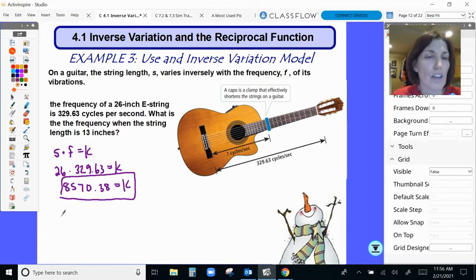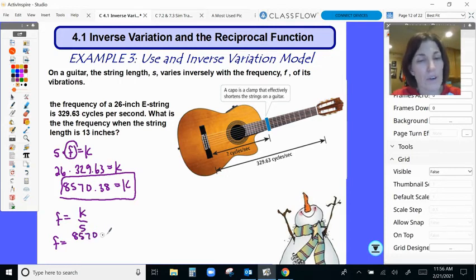All right. So if I have my frequency is going to equal, because we're solving for frequency, we don't know what that is, right? We're going to solve for frequency. So we want to go K over S. Okay. So my frequency is going to equal my 8570.38 divided by my S, which is 13.